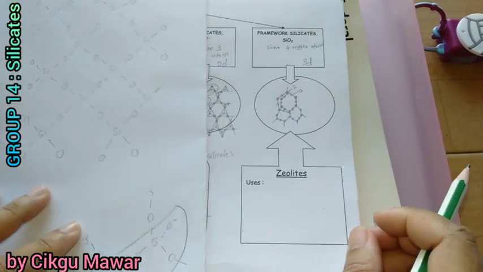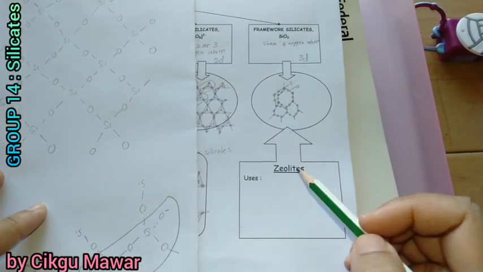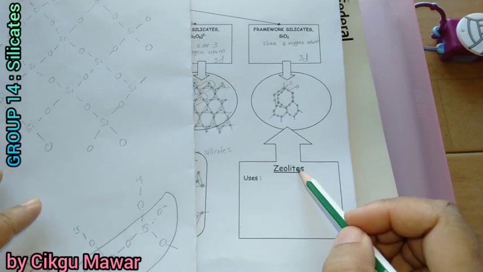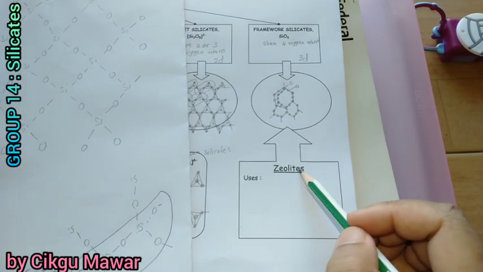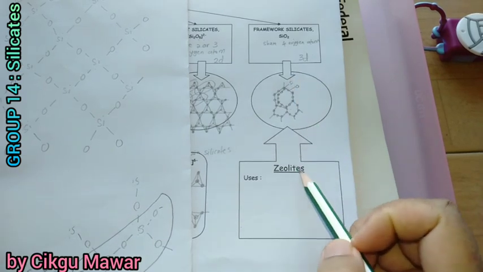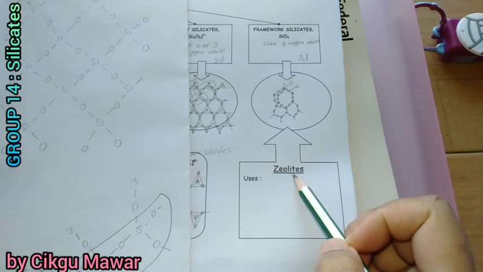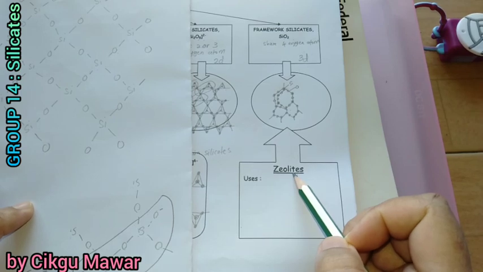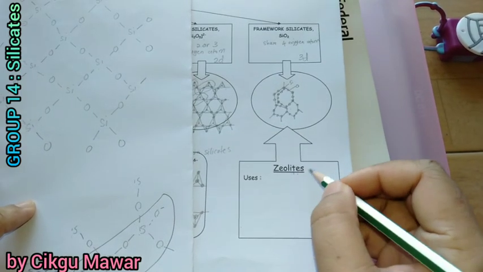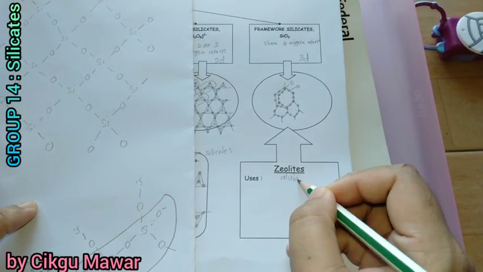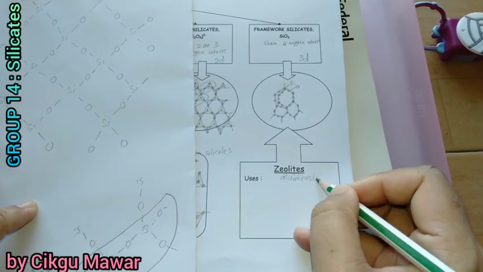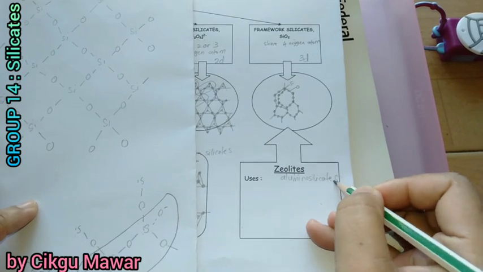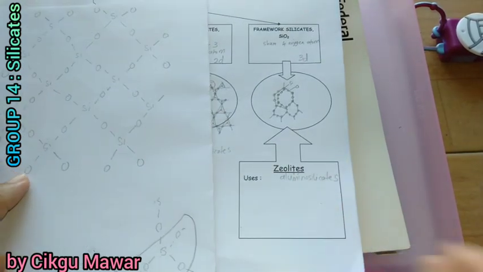Then the example of framework silicate is zeolite. Zeolite is the famous example for framework silicate. But zeolite is actually synthetically manufactured, three-dimensional, also called crystalline aluminosilicates, because zeolite also contains aluminium silicate.